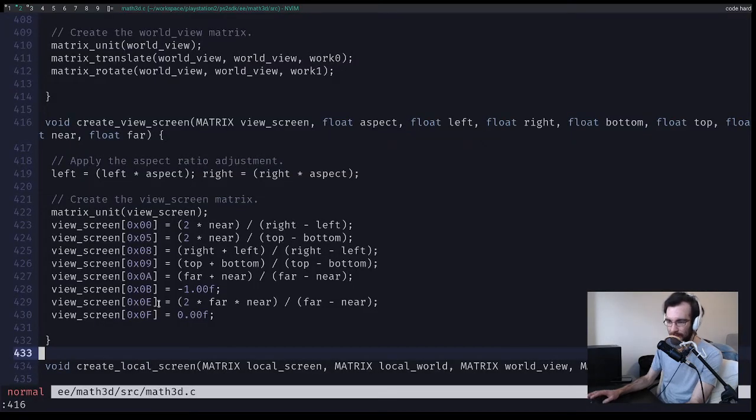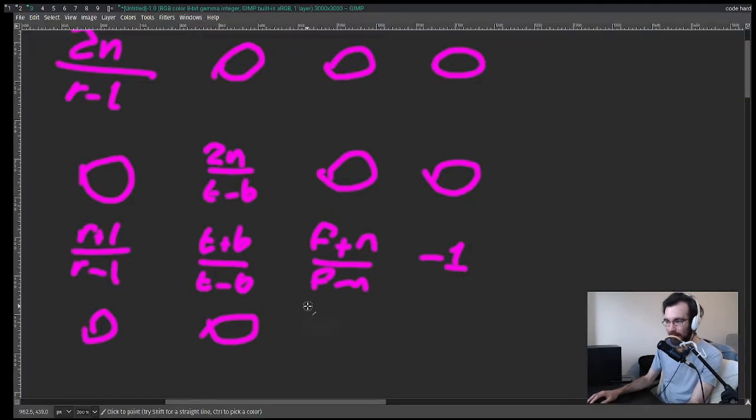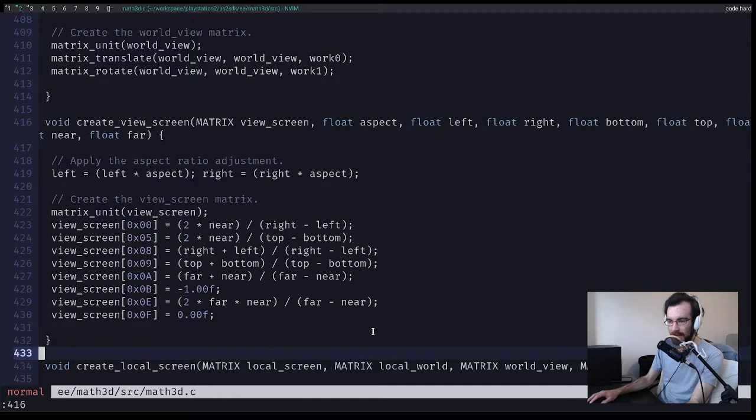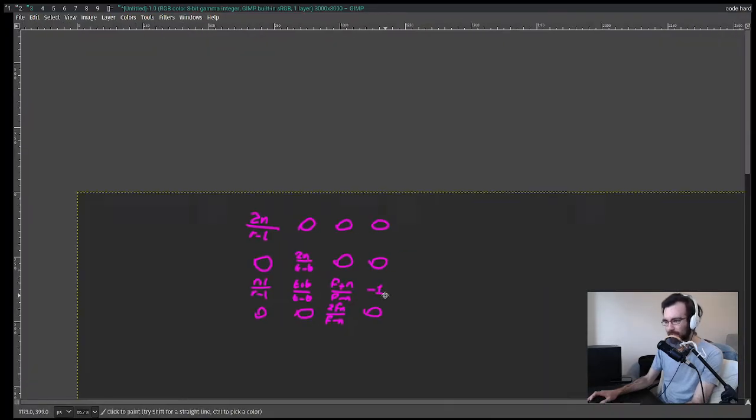Yeah, that's right. So 14, 2fn over f minus n, and then this is 0.